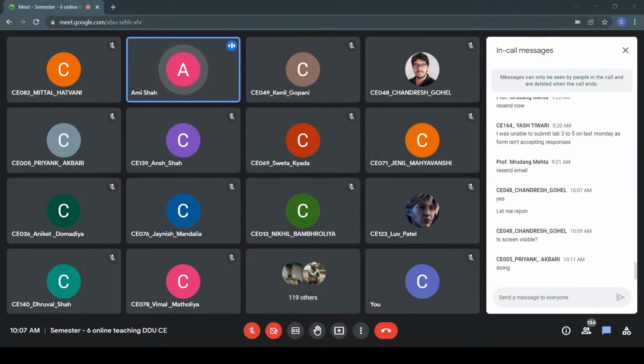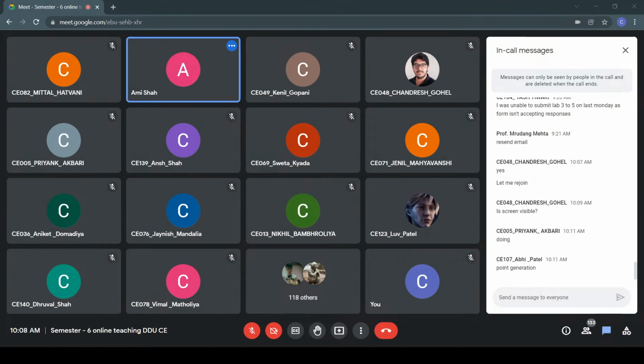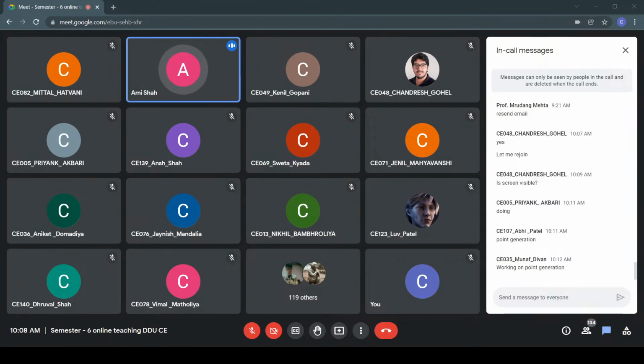What are you doing? Please write down your status in the chat window so we can understand. Point generation. Okay. See, only one or two people are giving me an answer. What about the other people? Please reply, everyone. Please communicate with us.